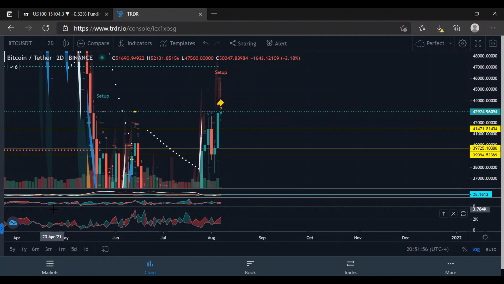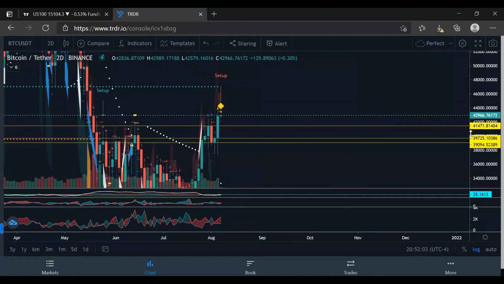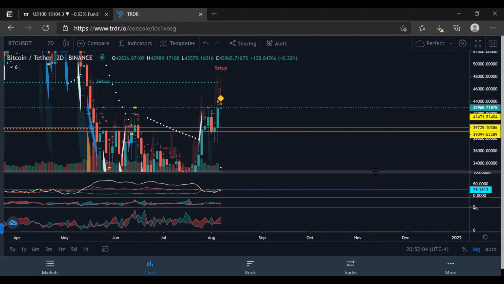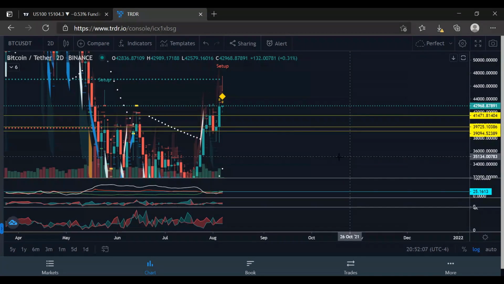Ooh, 2-day. We're topping on a 9 on the 2-day. 12 hour is up. Topping on an 8 hour 9.